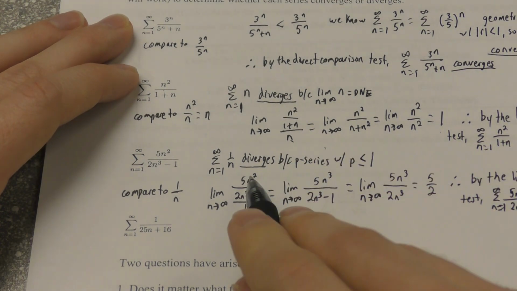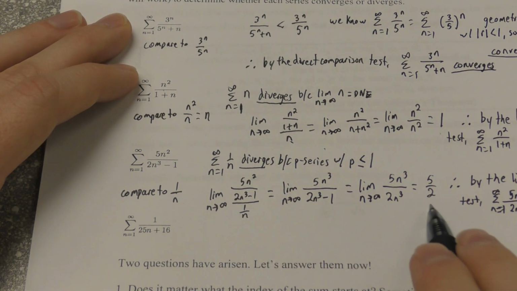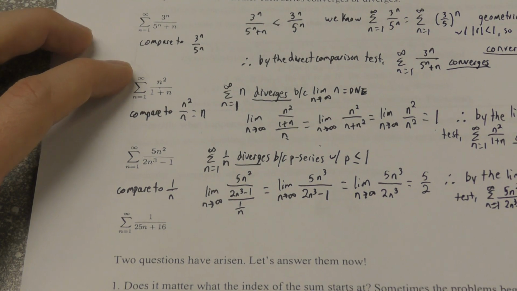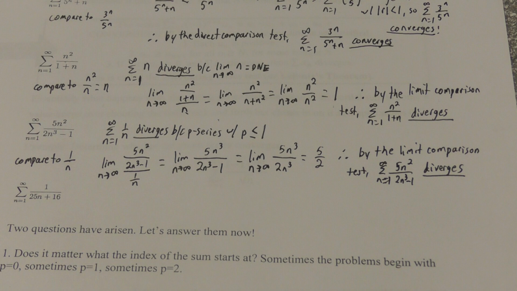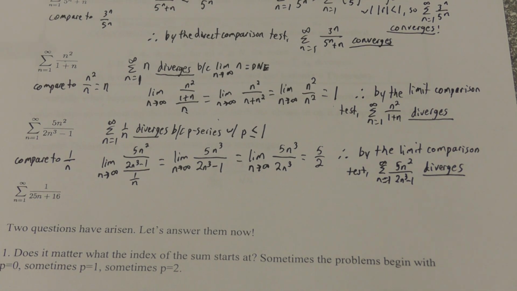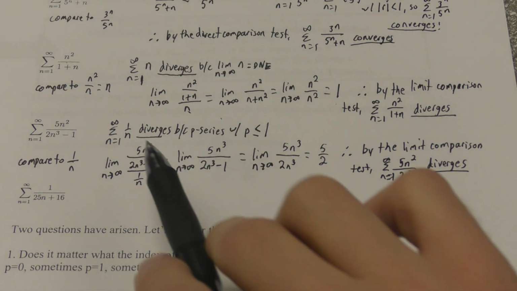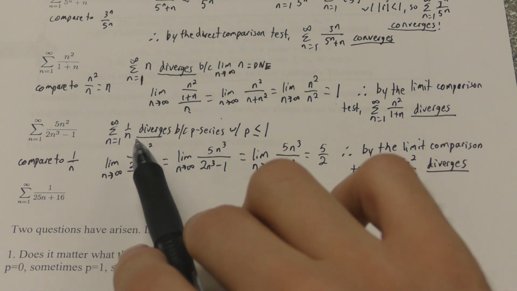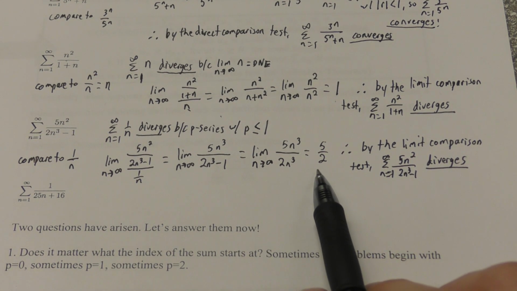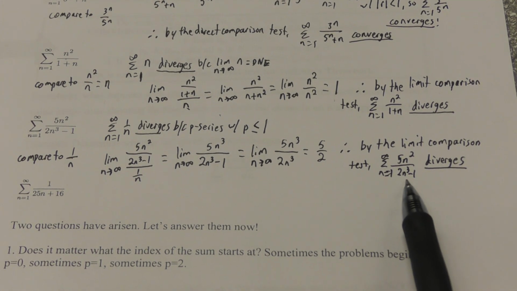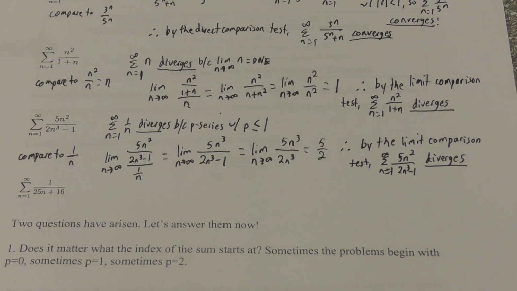My comparison series diverged. I did my limit comparison test and got a number between 0 and infinity. Therefore, my initial series diverges also, because my comparison series diverged and my limit comparison test gave me a number between 0 and infinity, so the series I'm interested in will also diverge.